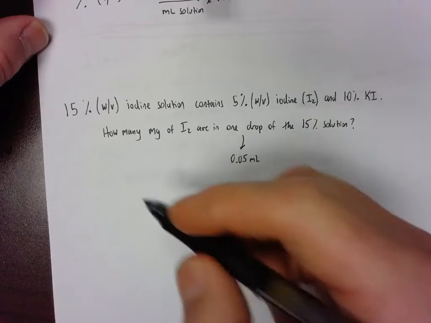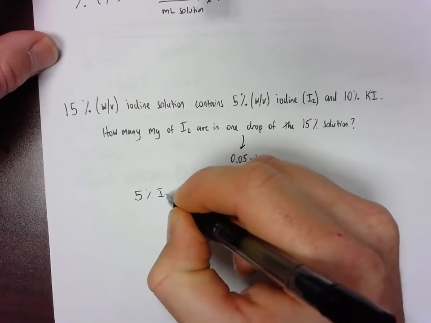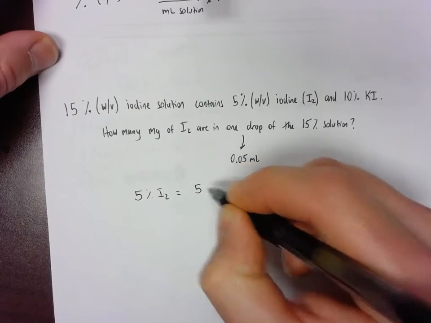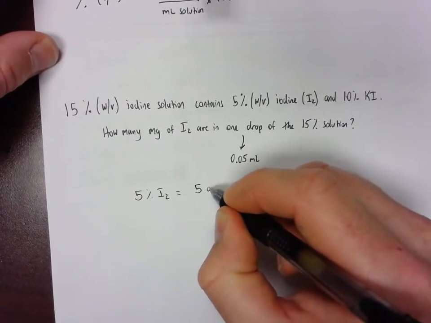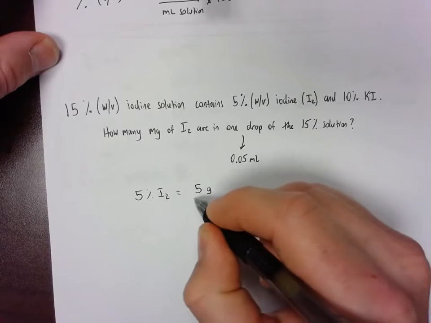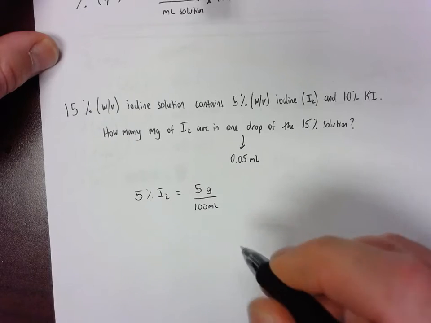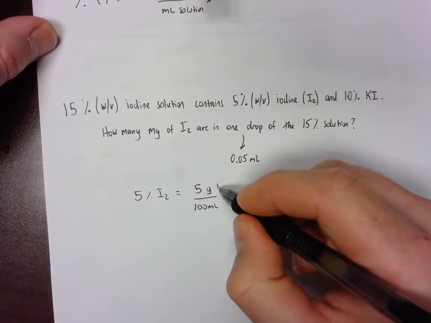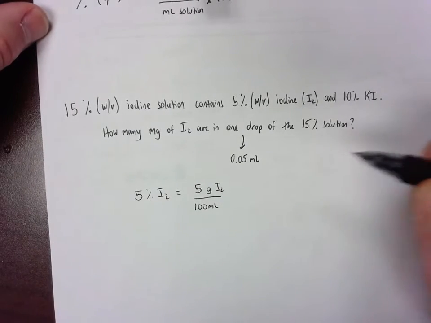So again, as we saw earlier, 5% I2 literally means, if we're doing weight over volume, 5 grams over 100 milliliters. So 5 grams of I2 over 100 milliliters.